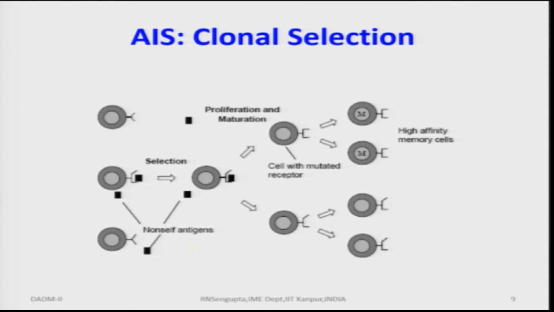But if a triangular pathogen comes, the replication of the triangular ones would be much higher, while for the square ones it would be much lower, depending on what type of pathogens are attacking. As they come, the proliferation and maturation work, and the cells with mutated receptors grow in number. So, they would basically become higher memory cells.